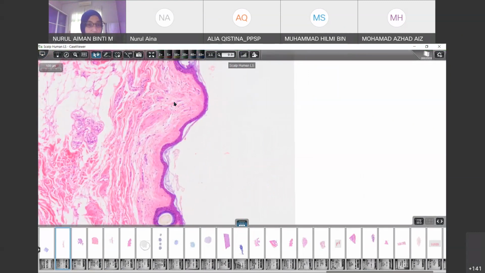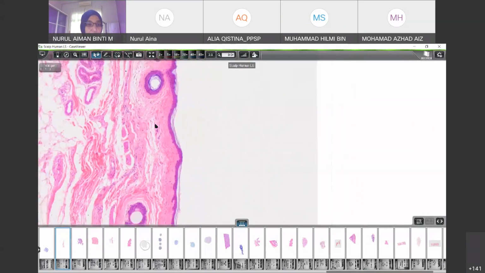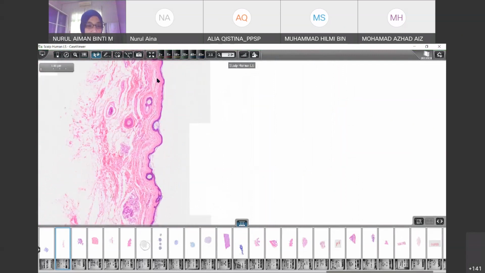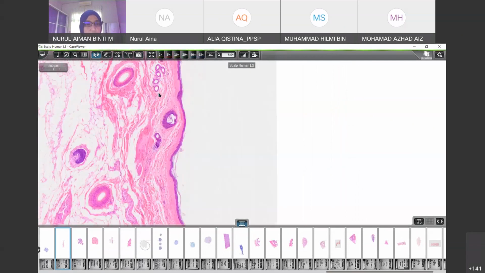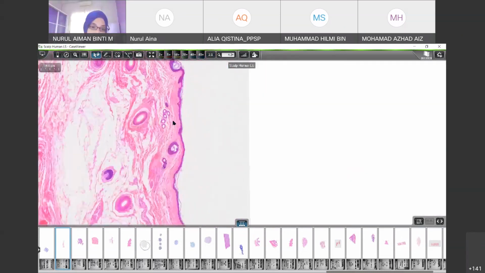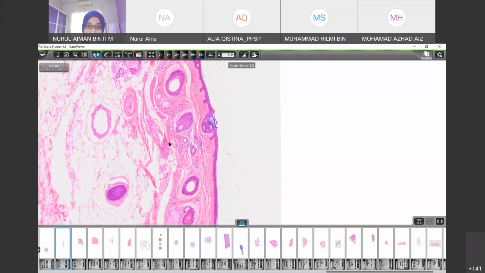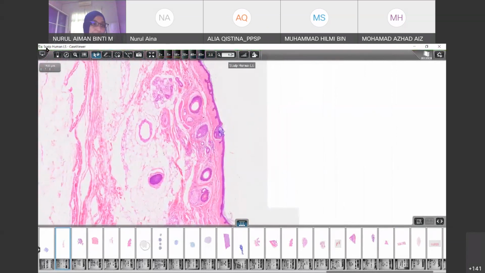Do we have this gland here? No, I don't think we have. This is just hair follicles. Nope. Okay, it's not here.